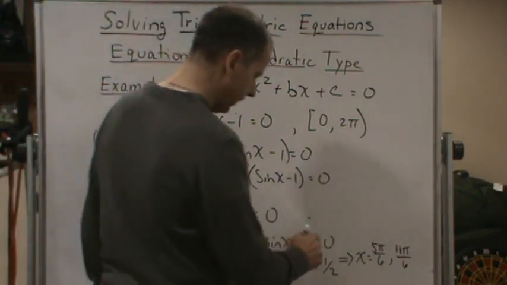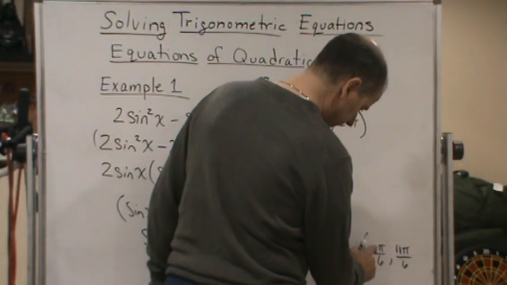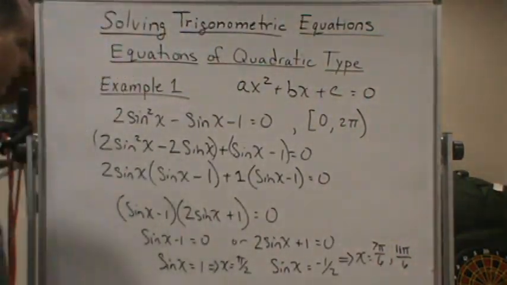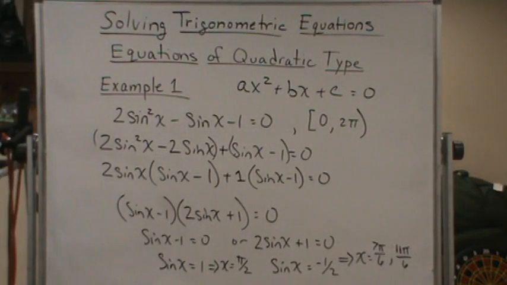Oh, no, I'm sorry, that's less than pi. 7 pi over 6, yeah. Remember, third and fourth quadrant. So third and fourth quadrant would give us 7 pi over 6 and 11 pi over 6, and then of course pi over 2 will also do it. Those are the three solutions.